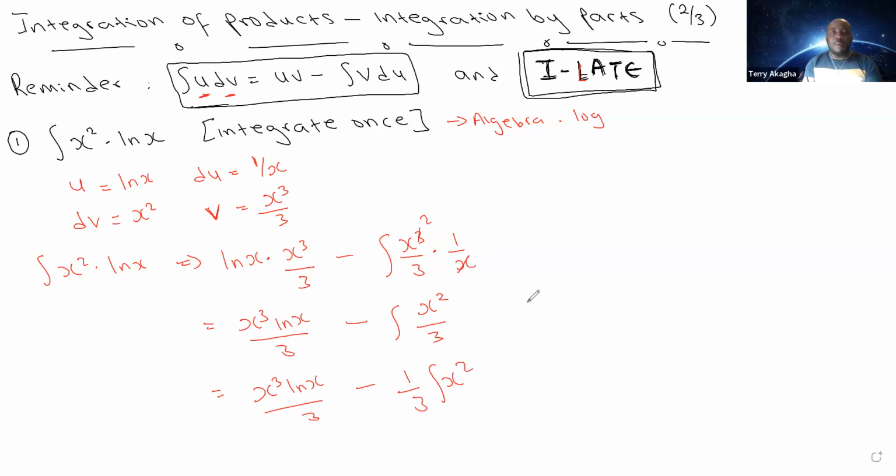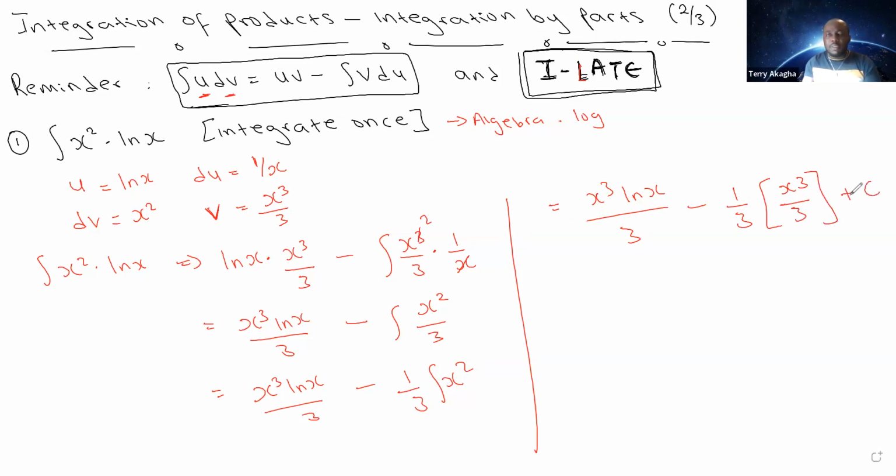Now we integrate x squared. It will now be equal to x cubed ln x all over 3 minus 1 over 3 times, when you integrate x squared, it gives you x cubed over 3, plus c.